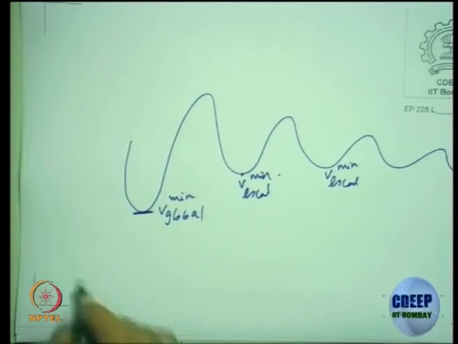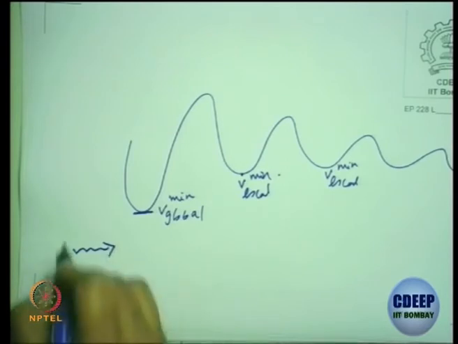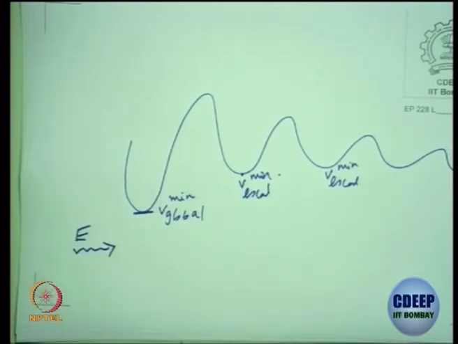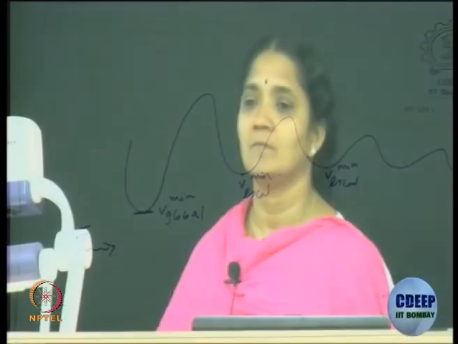If the energy of the particle which is coming is less than the global minimum, is there a solution possible? You have proved this at some point. How did you prove it? You can do it for a simple step potential. How do you prove it? Remember?